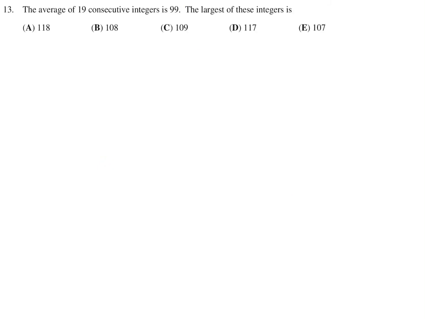The average of 19 consecutive integers is 99. The largest of these integers is? 19 consecutive integers. So n plus 1 plus n plus 2 plus n plus 3 all the way to n plus 18. That's the 19th consecutive integer.